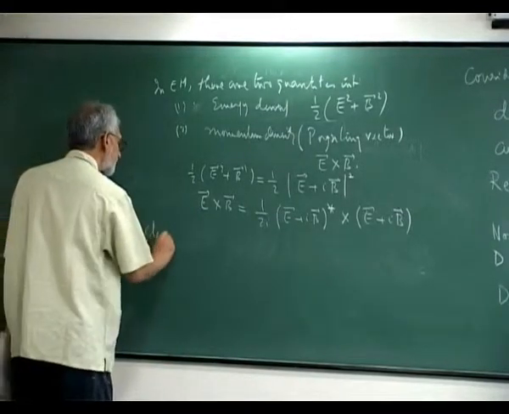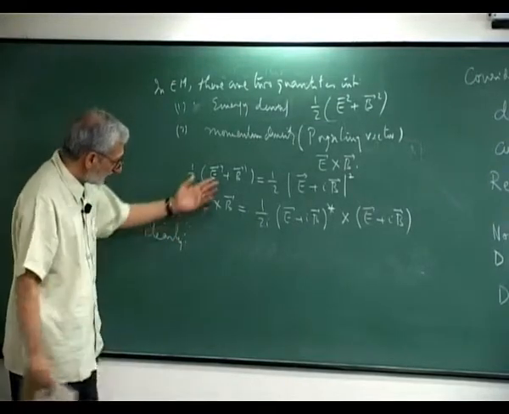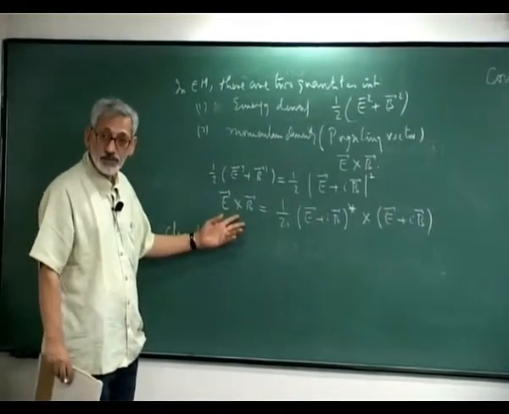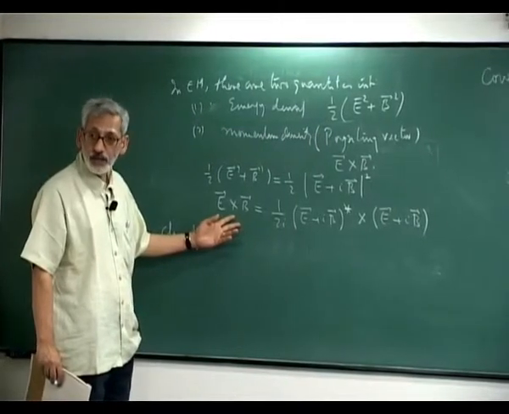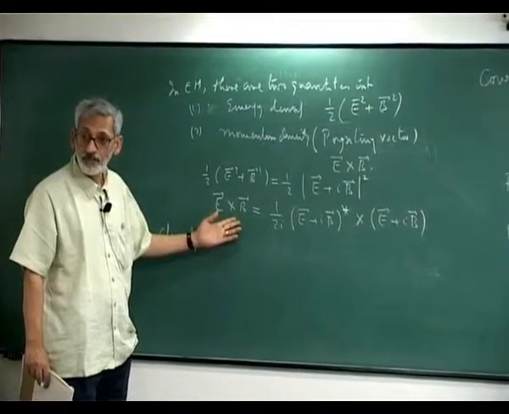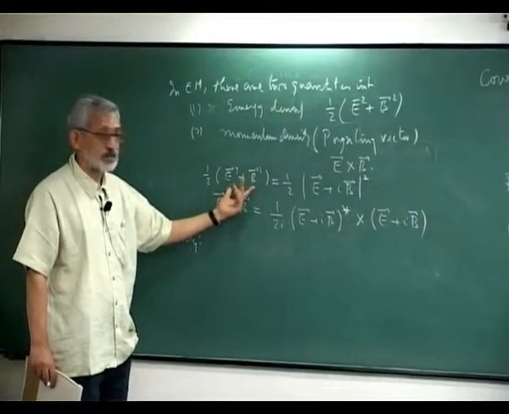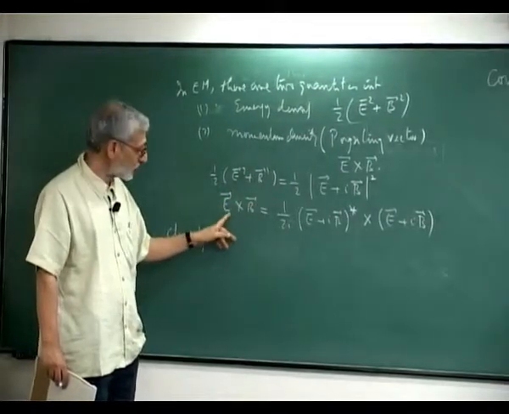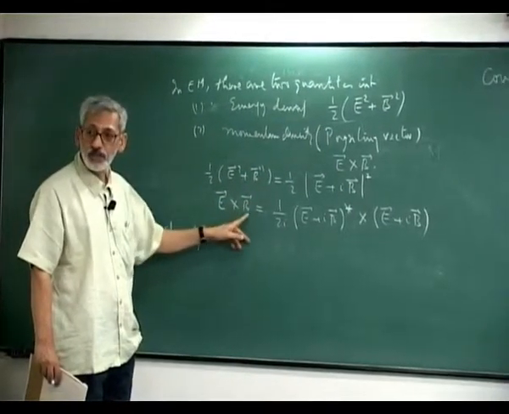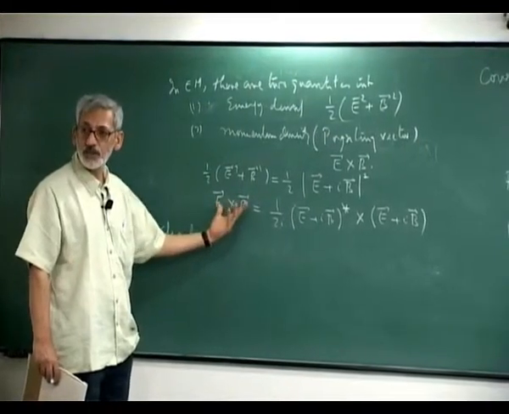Clearly, these objects are invariant under discrete duality, because E goes to minus B, B goes to E. There's an extra minus sign, but the order is changed in the cross product.